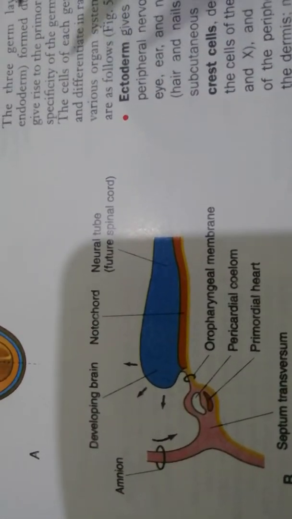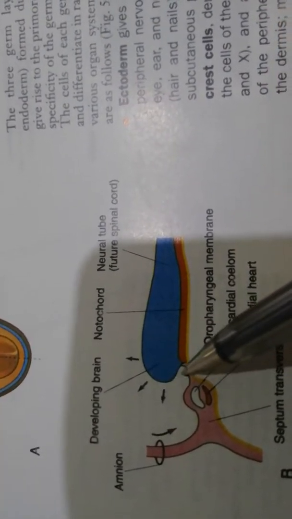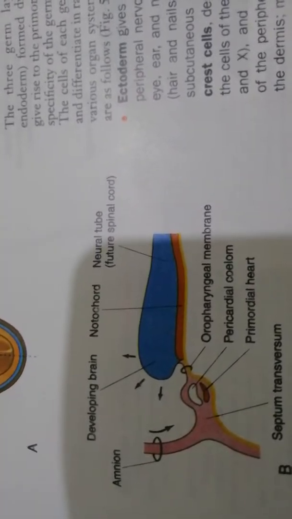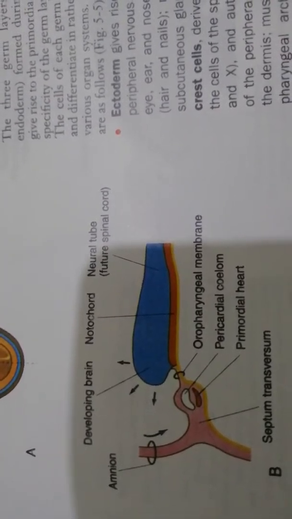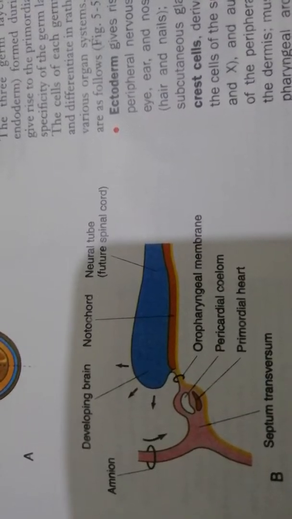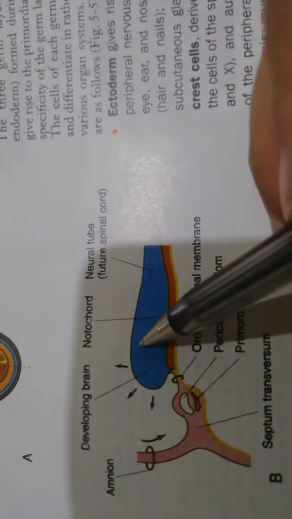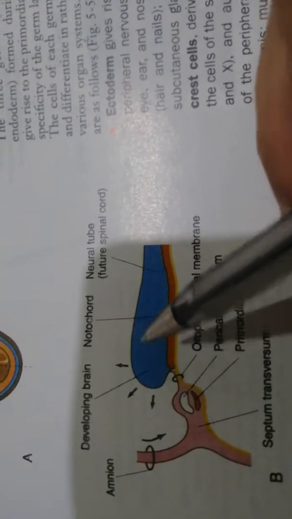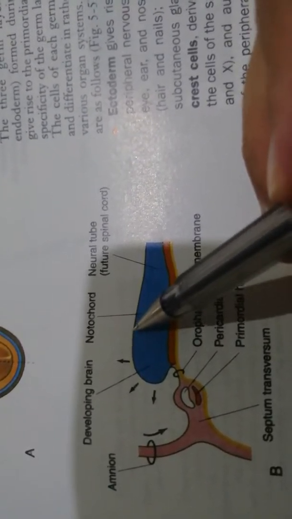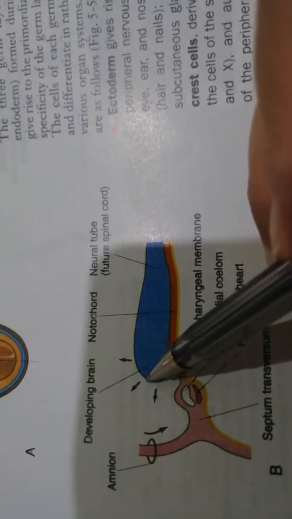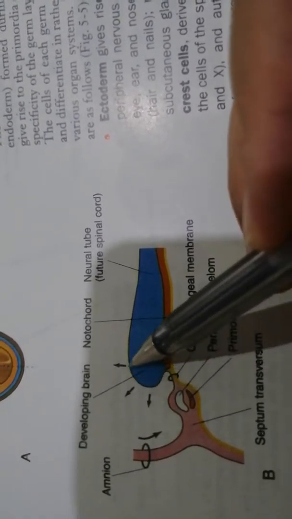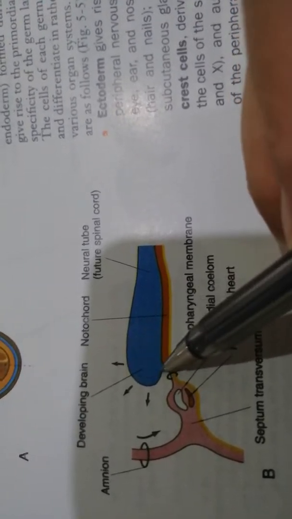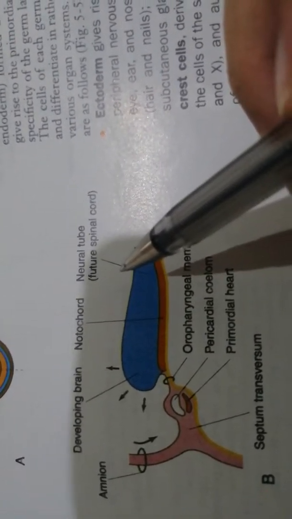And what happens is that when folding occurs, folding is very important for the establishment of the body form of an embryo. As the developing brain elongates cranially, this is important. The developing brain is growing in the cranial direction, and this elongation supersedes that of the other parts.